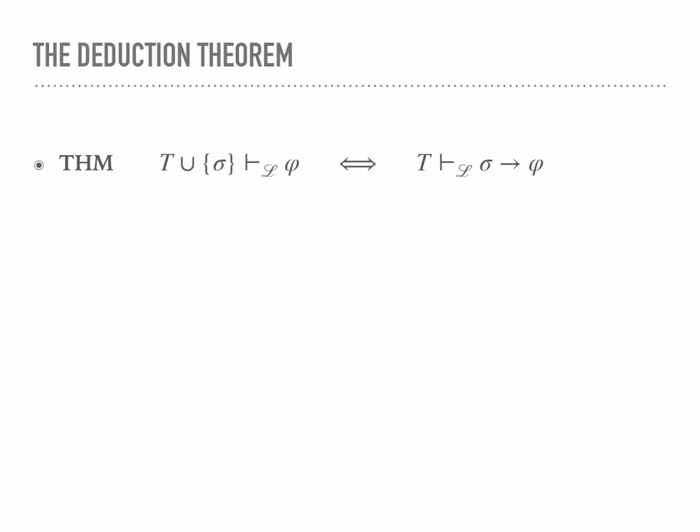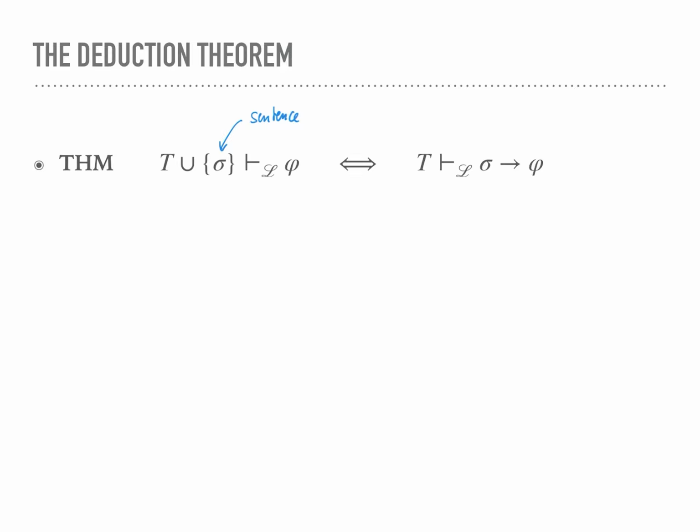So the theorem is: if T union sigma, where it's important that sigma is actually a sentence, phi can be any formula, but sigma has to be a sentence. So if T union sigma proves phi, that is equivalent to T proving the implication sigma implies phi.